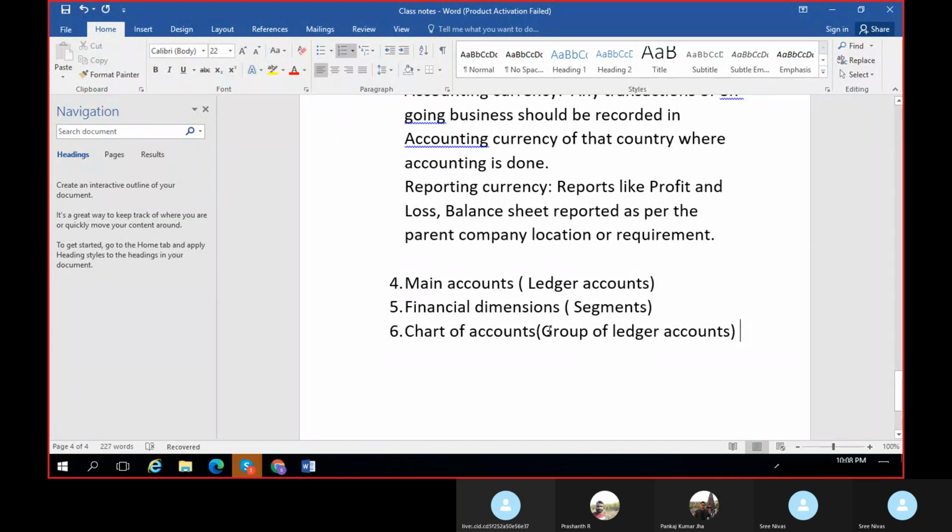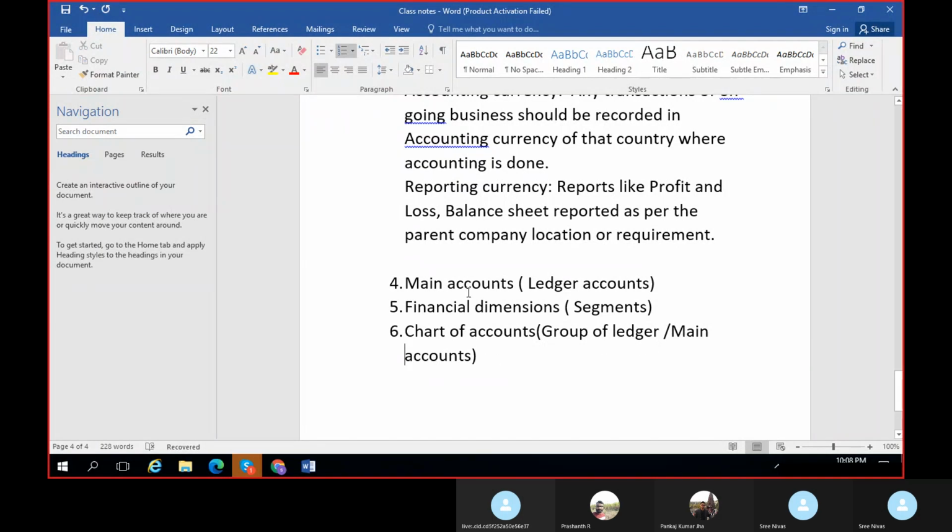Financial dimensions have nothing to do with the accounting effect, because you're just classifying the transactions, but the chart of accounts is directly linked with the ledger accounts, which here we call the main accounts. So the chart of accounts is a group of main accounts.